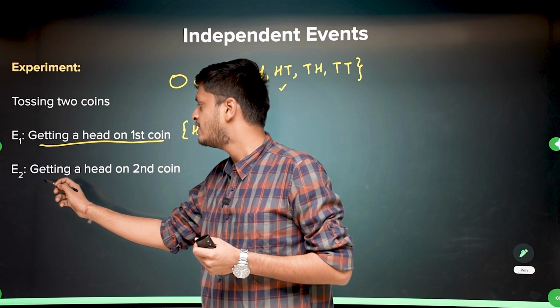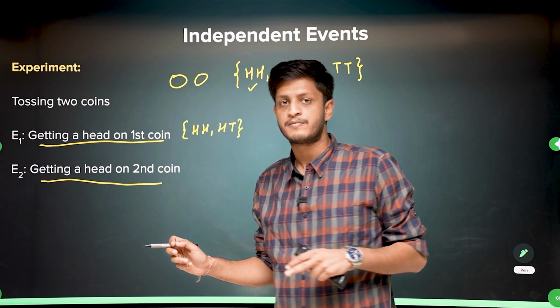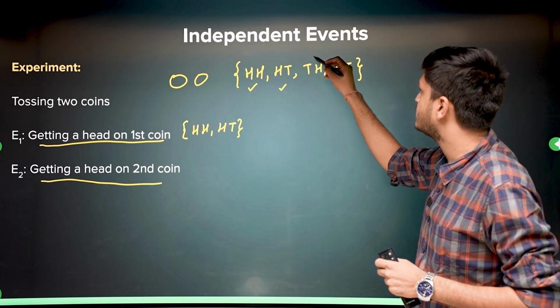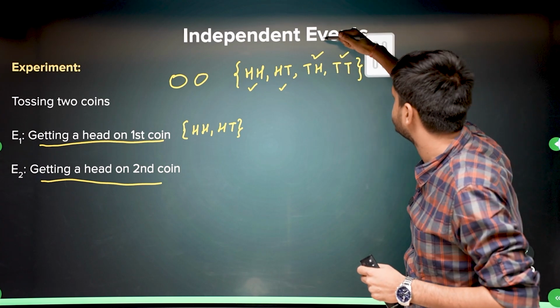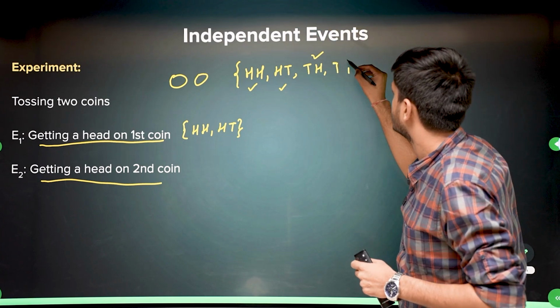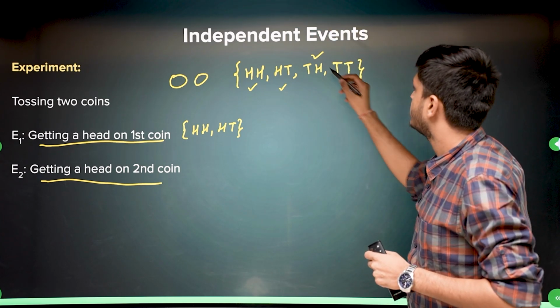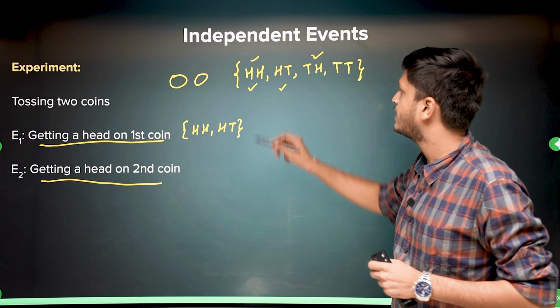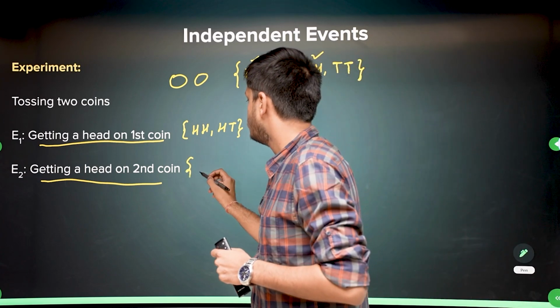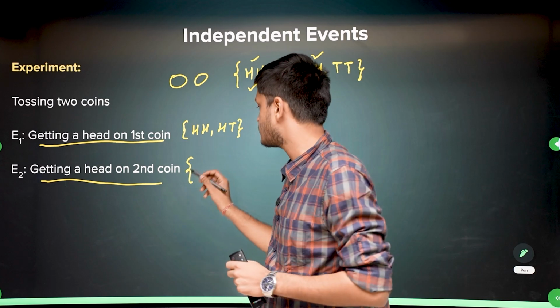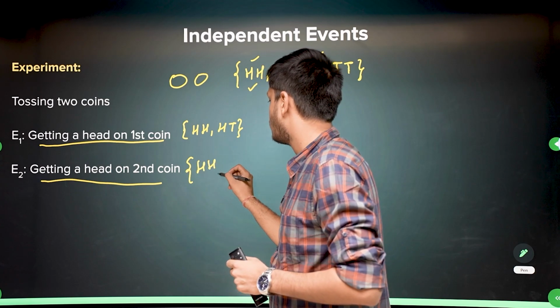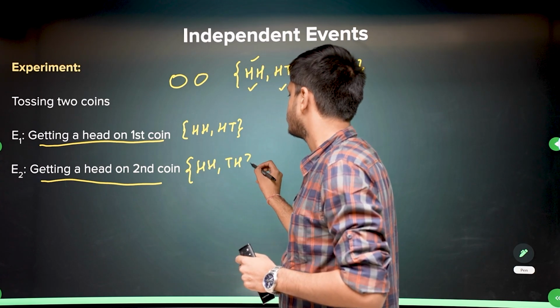Event 2 is getting a head on the second coin, which means either this or this. So what is event 2? You have to get heads on the second coin, which means either heads-heads or tails-heads. This is your event 2.